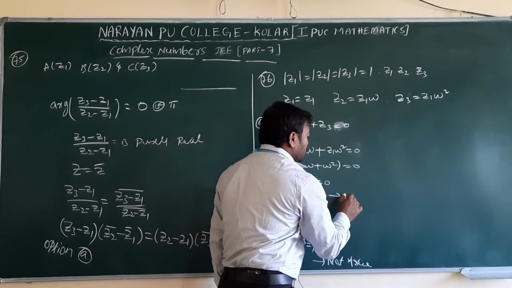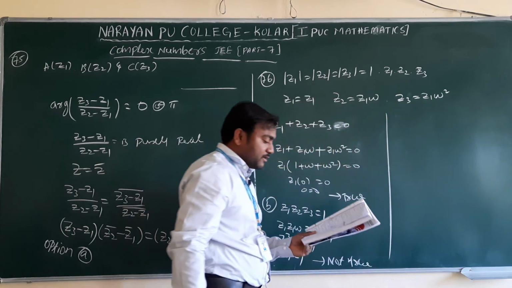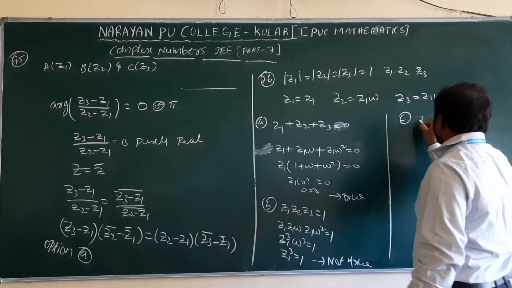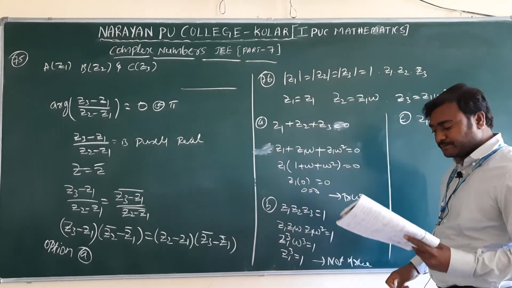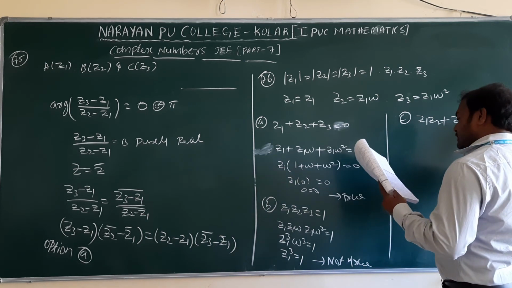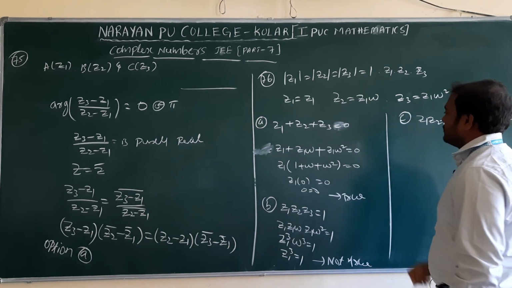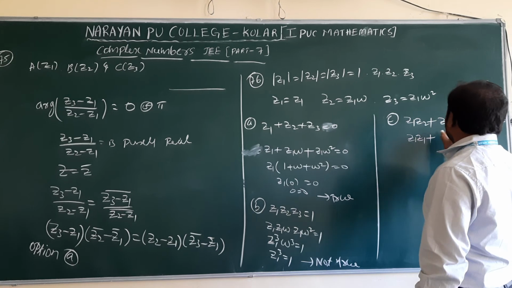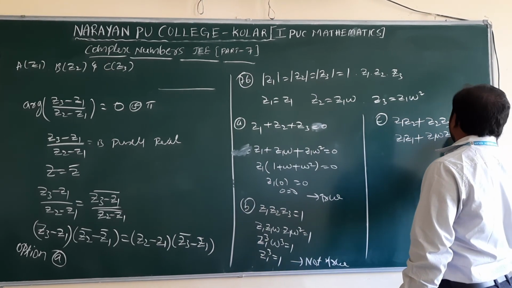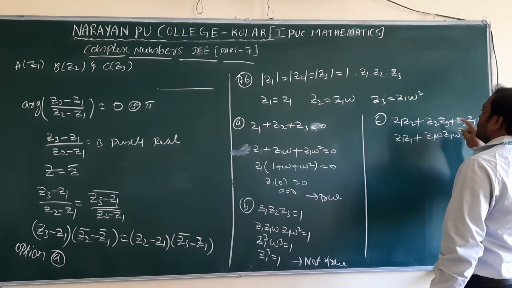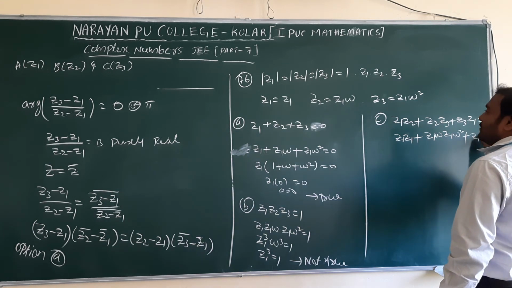Same thing, we have to check in option C. Option C: Z1 Z2 plus Z2 Z3 plus Z3 Z1 is equal to 0. Here Z1 into Z1 omega, plus Z1 omega into Z1 omega square, plus Z1 omega square into Z1, is equal to 0.